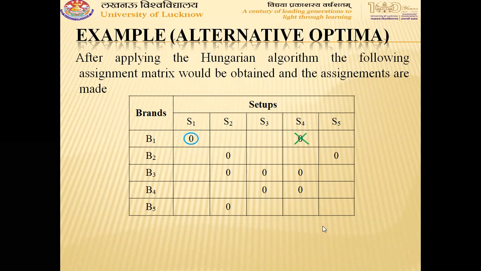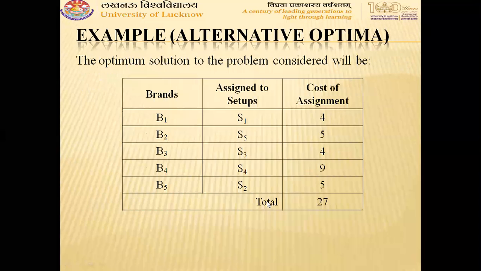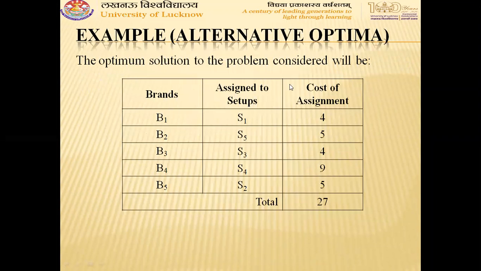First I have made this assignment, so here it is selected arbitrarily. We can also select this one instead of this. So it will provide an alternative optimum. Here the optimum solution is written and the cost of assignment is 27 units.